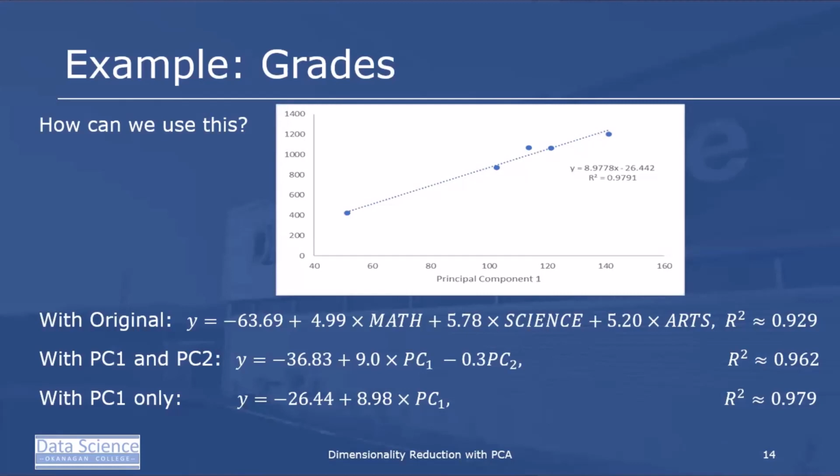And you can see that in the diagram using principal component 1. So we've gone ahead and reduced from 3 variables or 3 dimensions down to 1, and we get a very, very good approximation of the scores on this diagnostic test.